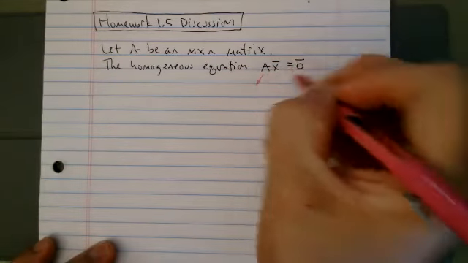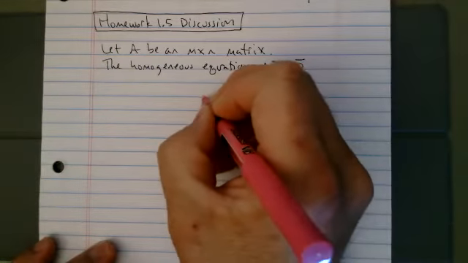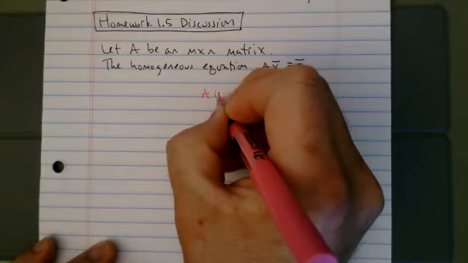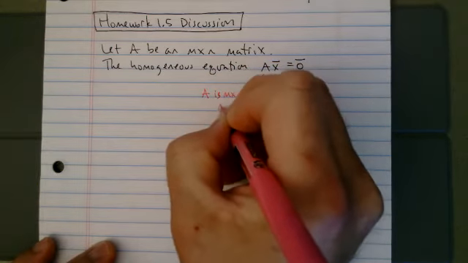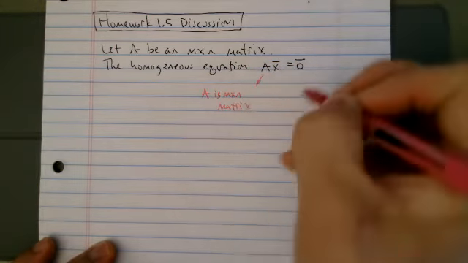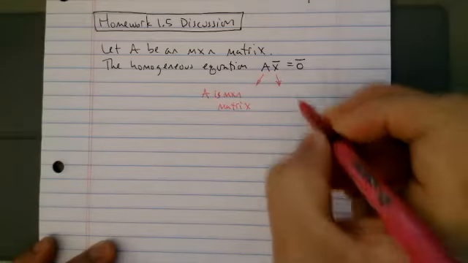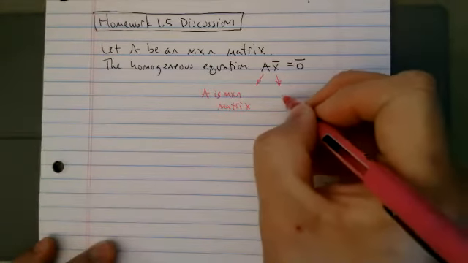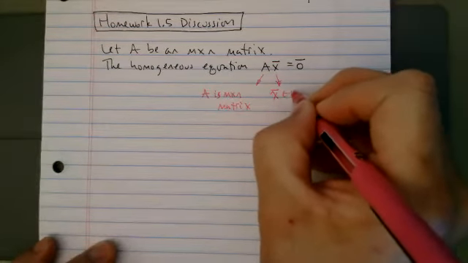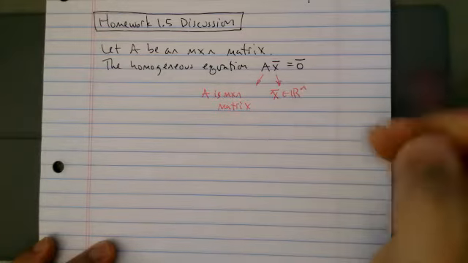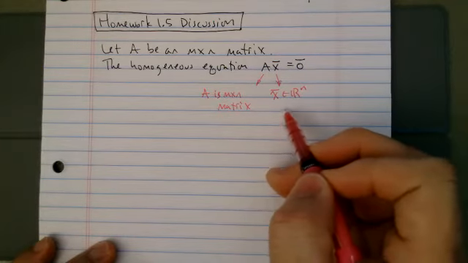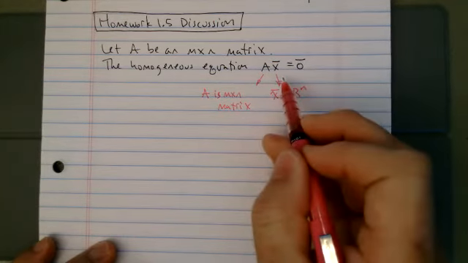Notice that A is still an M by N matrix. X is going to be a vector in Rn, because X has to be N by 1 for this multiplication to even work.